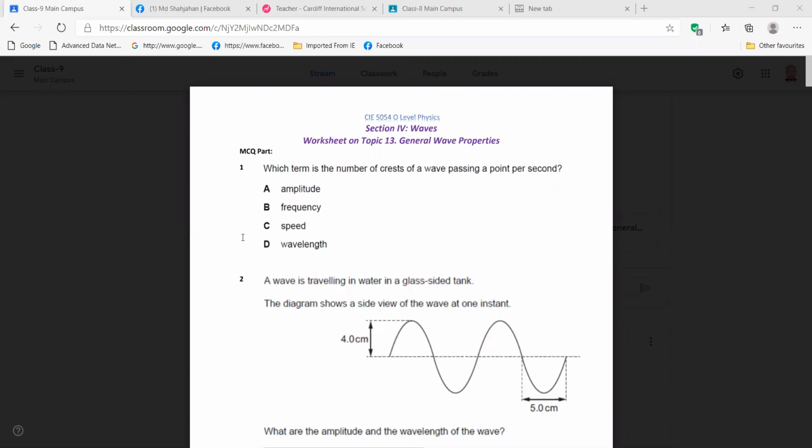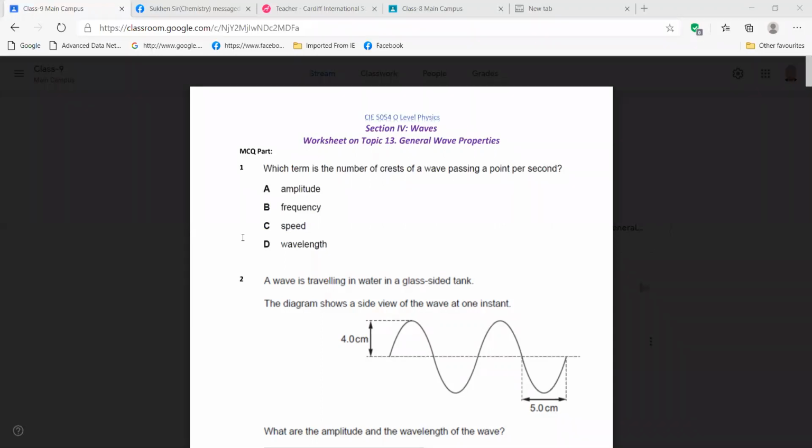You are correct. Farabi, Muhammad Saad, and Qazi Jawad also partially correct, that he said either B or D. So Qazi Jawad, it is number of crests per second. That means crest is part of a wave, right? Crest is part of a cycle, a complete cycle.